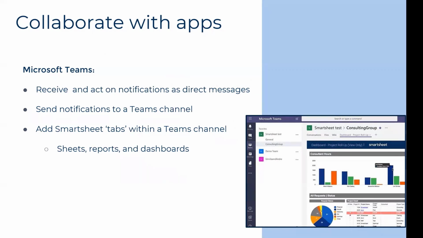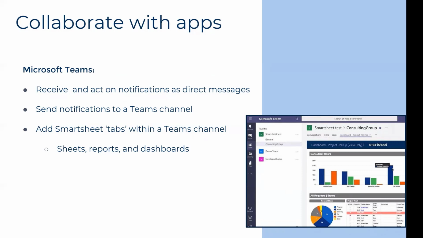You can also incorporate Smartsheet tabs into your Teams channel, actually showing your sheets, reports, and dashboards, which is the option that I see most frequently, directly in Teams, allowing you to communicate status and decrease some of that back and forth communication about status, even in the chat apps that you already use.